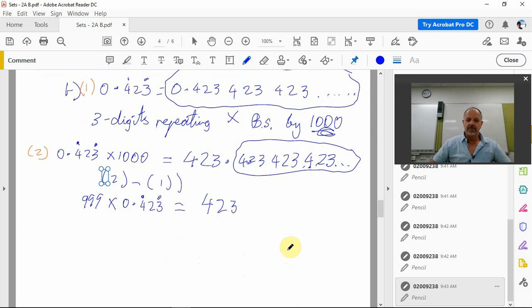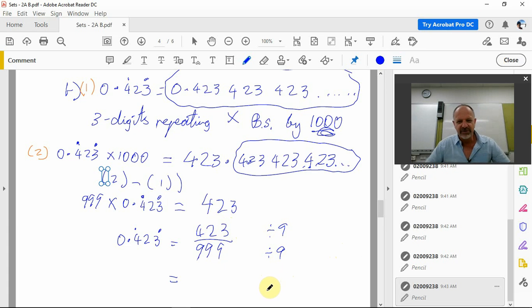All right, so then if I divide both sides by 999, I get 0.423 repeating equals 423 over 999. And if you check it out, 9 goes into both the top and the bottom here, because this is one I've prepared earlier.